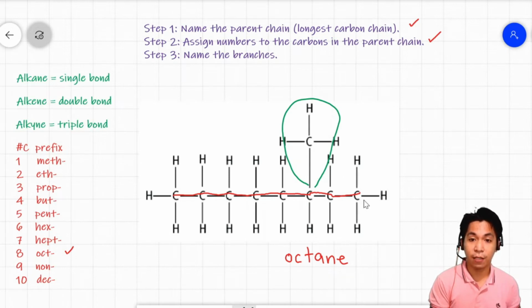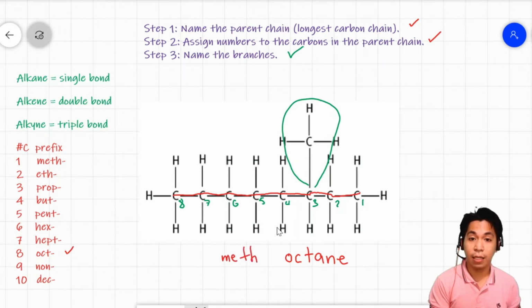Hence, the numbers are as follows: 1, 2, 3, 4, 5, 6, 7, and 8. Next, let's now name the branch, in this case. Our branch has only one carbon atom, therefore it will use the prefix meth.